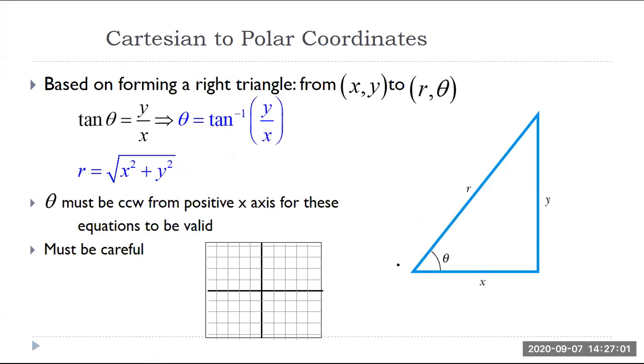As I mentioned on one of the first couple slides, if I have my Cartesian coordinates, x and y, and I want to go to polar, I can use Pythagorean's theorem and take the square root of x squared plus y squared. I can figure out the angle by using the definition of tangent, which is y over x.